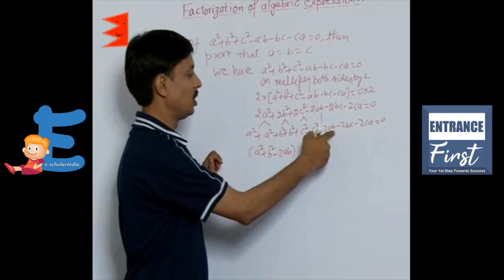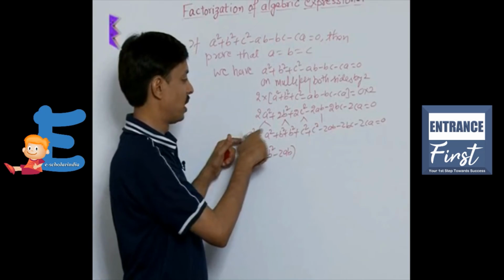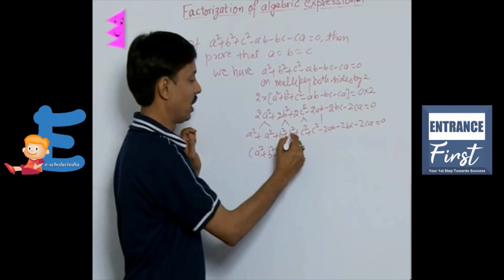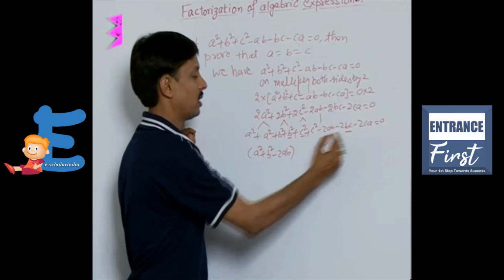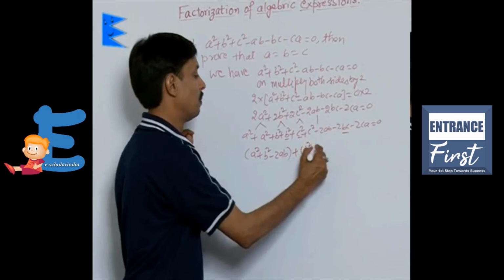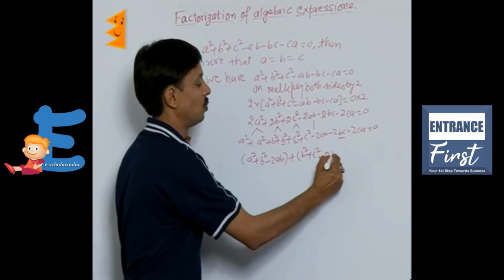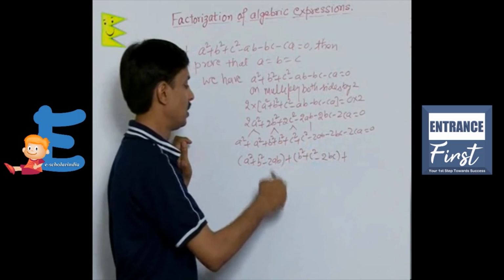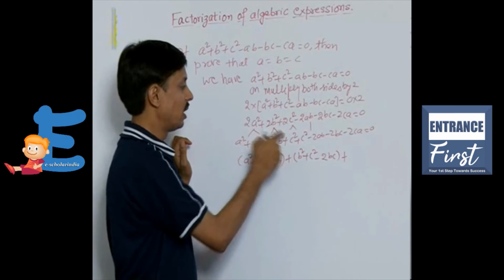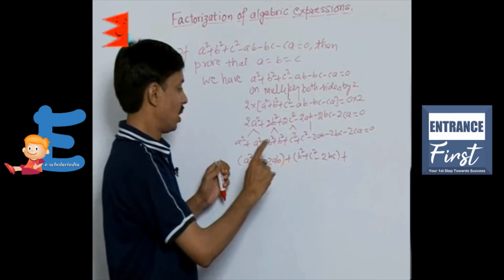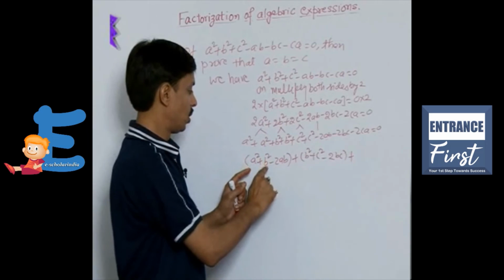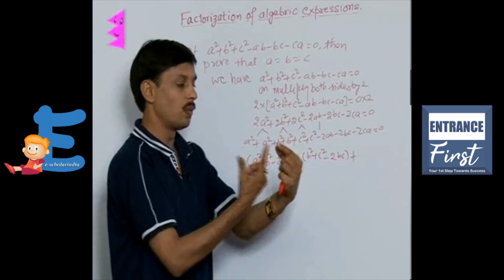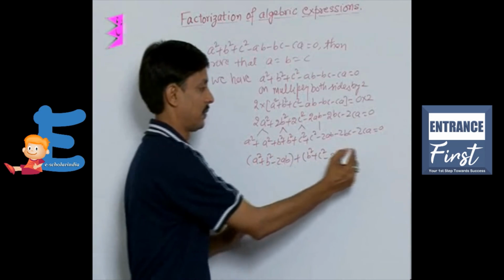Now after taking these results, a square, b square and minus 2ab, I am looking for b square plus c square minus 2bc, which can be written as b square plus c square minus 2bc. Another result: a square and c square are left, because I have used 2b squares, 1a square, 1c square, so only 1a square and 1c square is left.